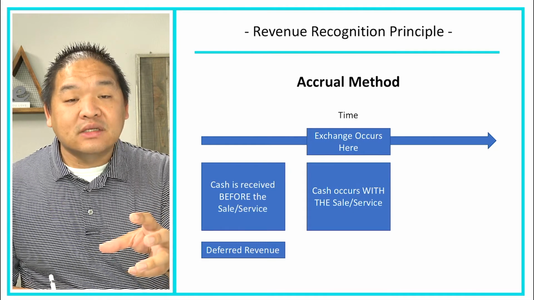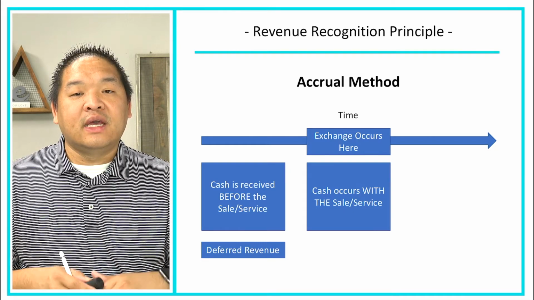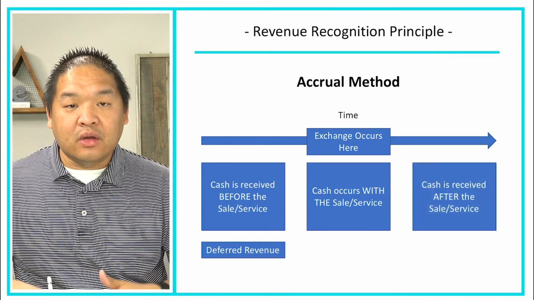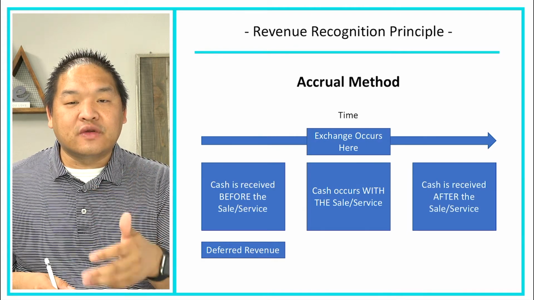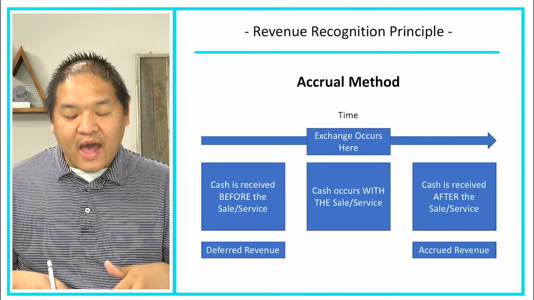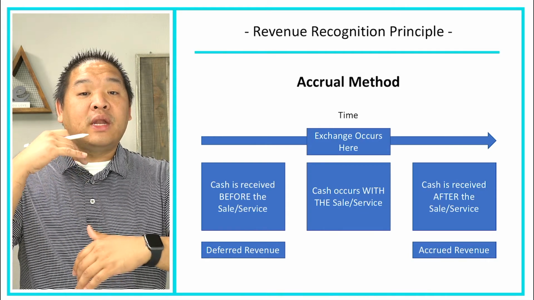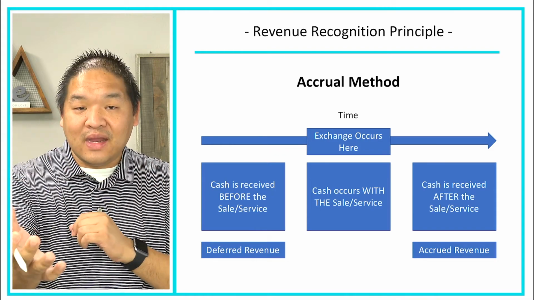The last scenario in which cash impacts the revenue process is if cash happens after the actual sale occurs. Okay, so cash is received after that sale or service occurs. We call that an accrued revenue. Now, what do we mean? We've actually already accrued the revenue. We just haven't been paid yet.